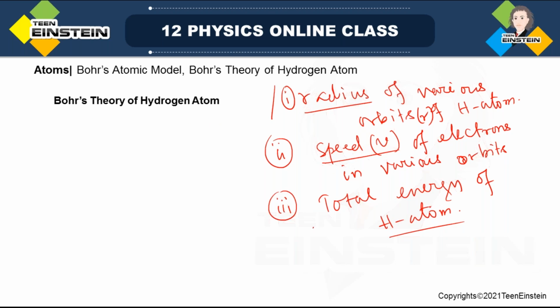From here, after knowing the total energy, we will be able to find not only the energy of the hydrogen atom, but also of certain hydrogen-like atoms. For them also we will be able to calculate the energy, and analyze the spectrum up to some extent.